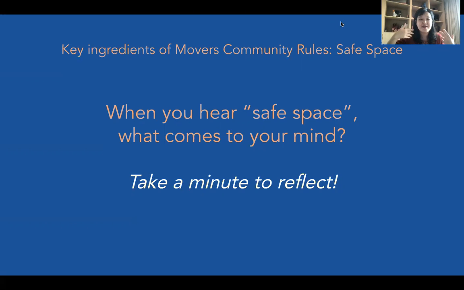Feel free to write it down in your notepad with pen and paper, or on any digital device. Just spend some time to reflect on what a safe space is.